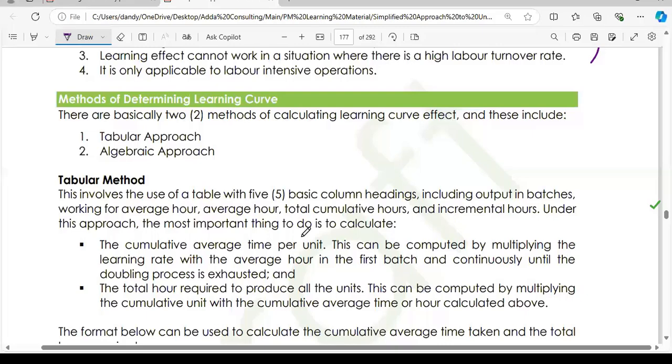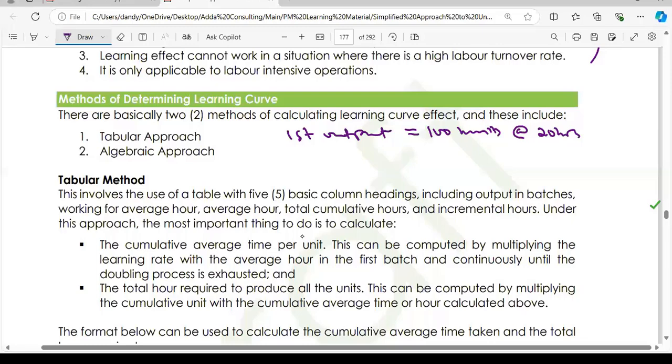Say, for example, you are told that the first output produced is 100 units, and the labor hours spent to produce the 100 units is, say, 20 hours.